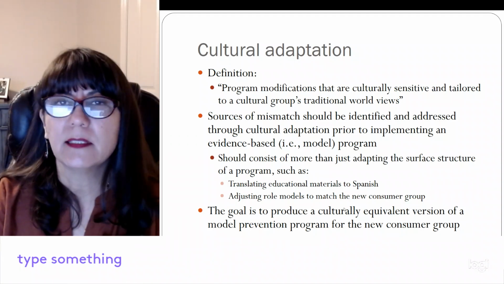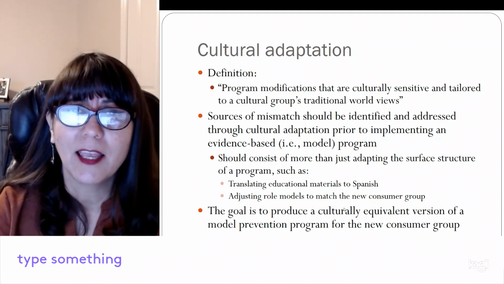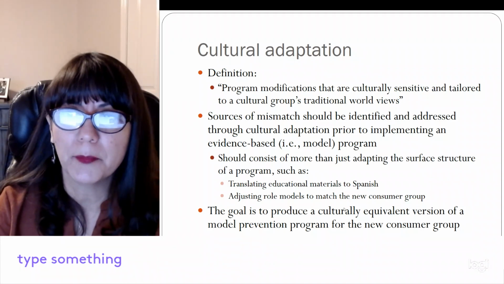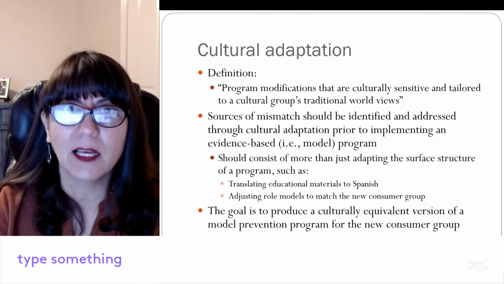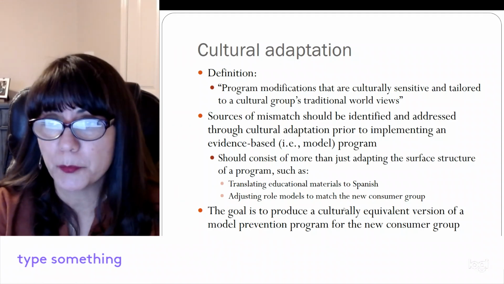And so these sources of mismatch really need to be identified early on and addressed within the program before implementing an evidence-based program with a new intervention group.